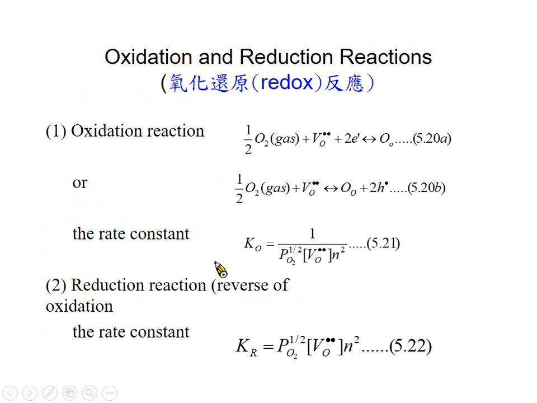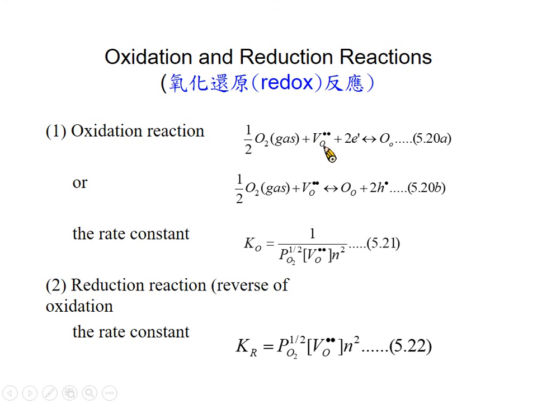How about the redox reaction we just mentioned in the previous slide? The oxidation and reduction reactions happen depending on the different oxygen partial pressure. For the oxidation reaction, we can write 2 types of the reaction like this. In the oxidation, we take the oxygen molecule from the gas, and it goes to the sample.